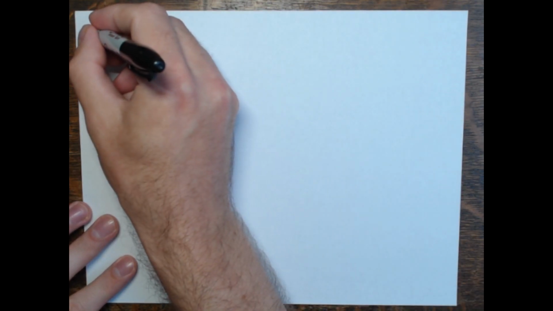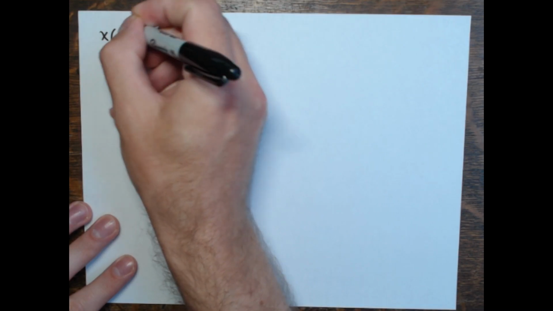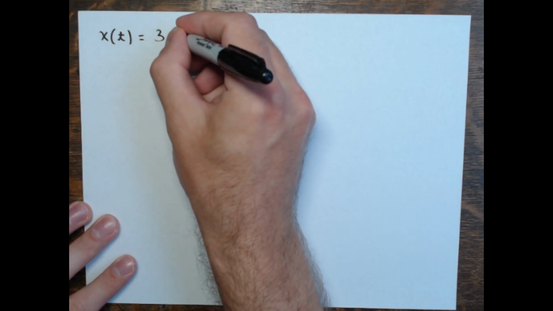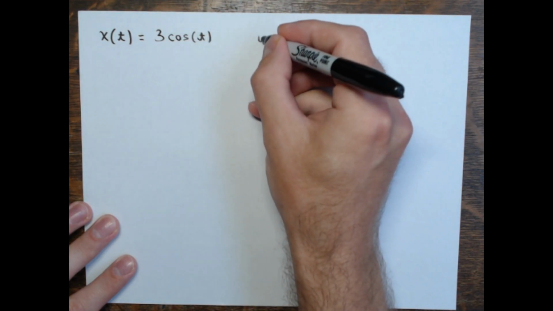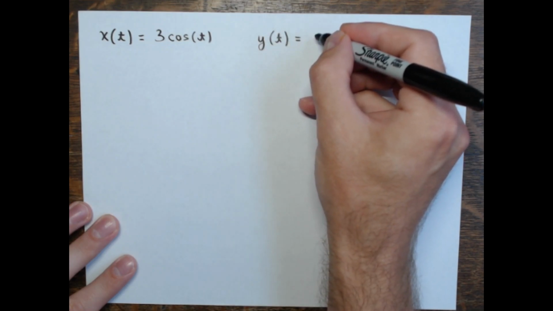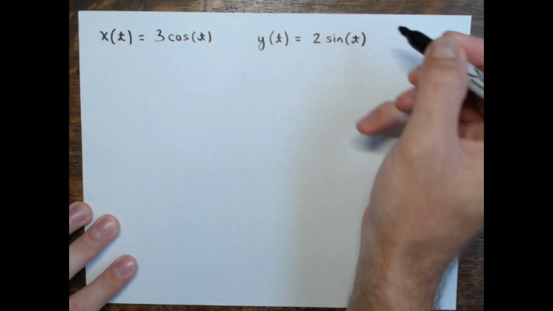All right. So our two equations, the parametric equations, here are x of t is 3 times the cosine of t, and y of t equals 2 times the sine of t.